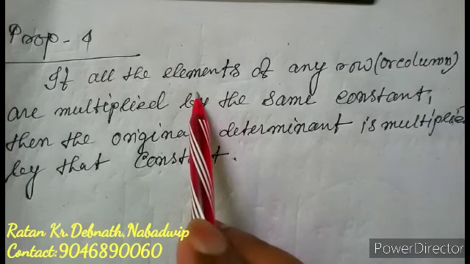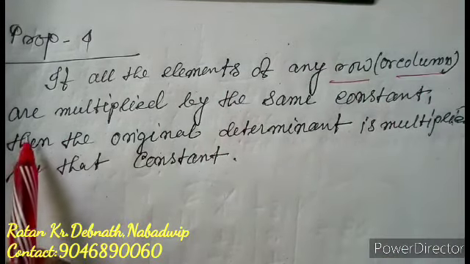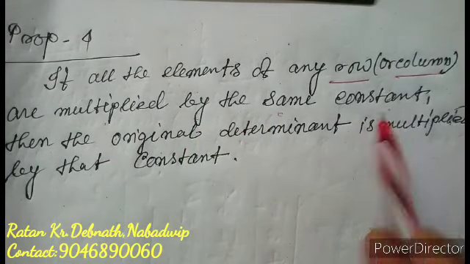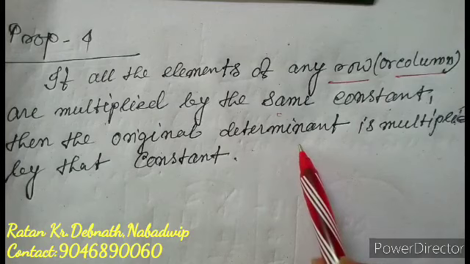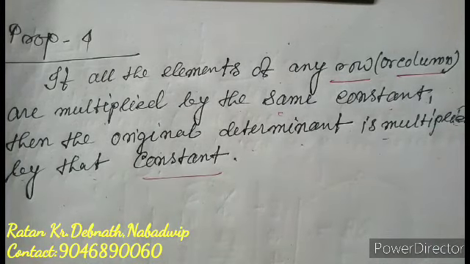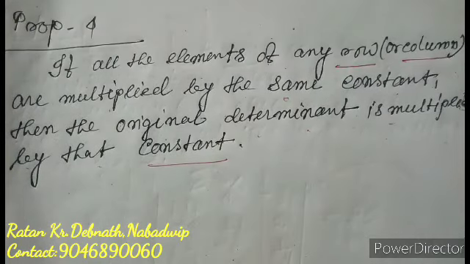If all the elements of any row or column are multiplied by the same constant, then the original determinant is multiplied by that constant. What does it mean? I am not giving you the proof because then the video will be very long.